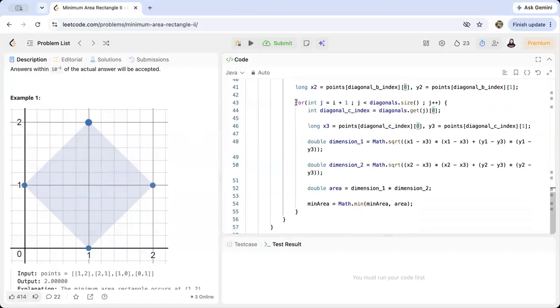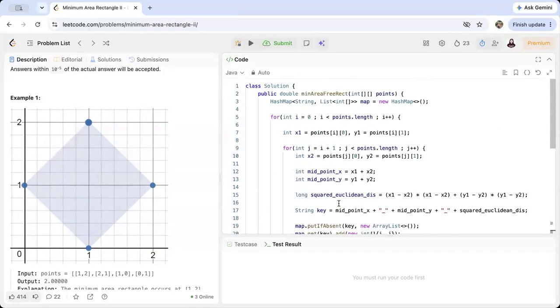Then we iterate through the remaining pairs for that particular diagonal, and for every pair we calculate the dimensions of the rectangle using the distance formula, then we calculate the area, and then we update the global minimum. So this is how our code works.